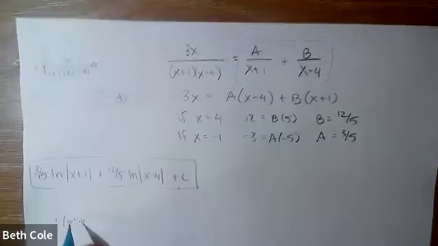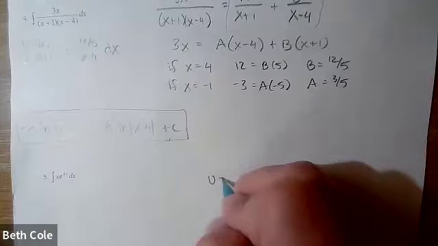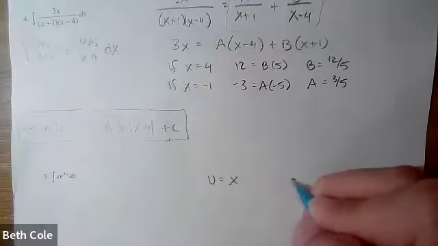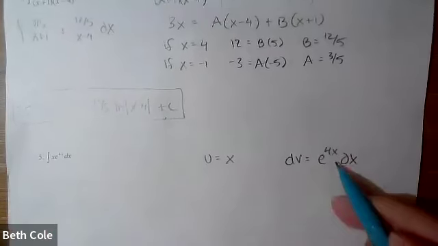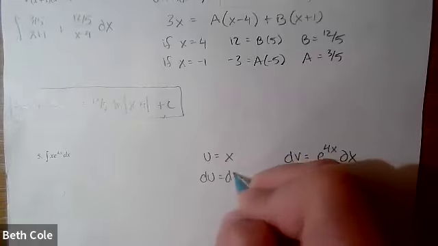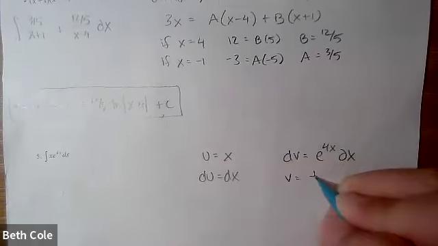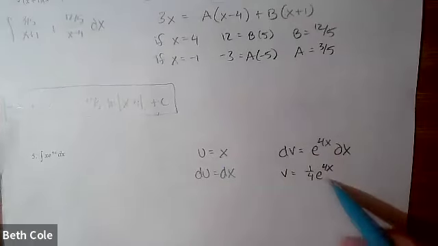All right, this again, I have a product here. We have an x and then we have an exponential. So this is going to be our integration by parts. u is going to be x, dv is going to be everything else. It's going to be really similar to the other one with a 1/4 instead of a 1/5 that was in that sine one. du is dx, v is going to be 1/4 e to the 4x. So again, we're going to multiply across.